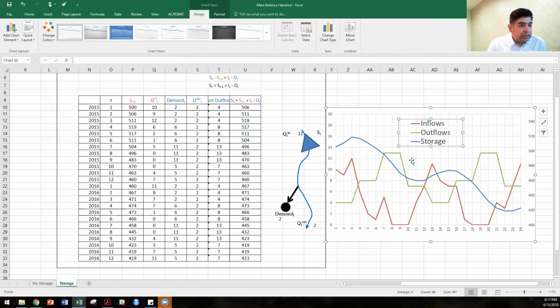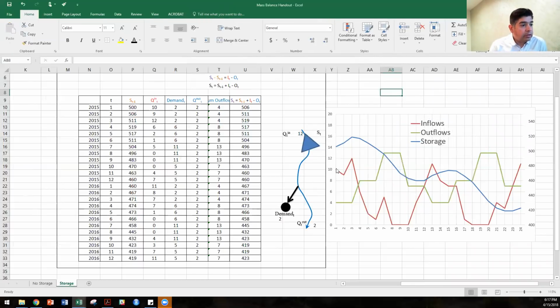So let's take a look at this. Notice the inflows. Every time that the inflows are greater than the outflows, the change of storage is positive. Every time that the inflows are less than the outflows, the change of storage is negative.